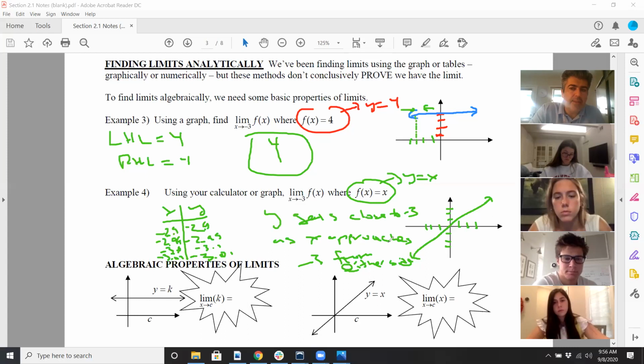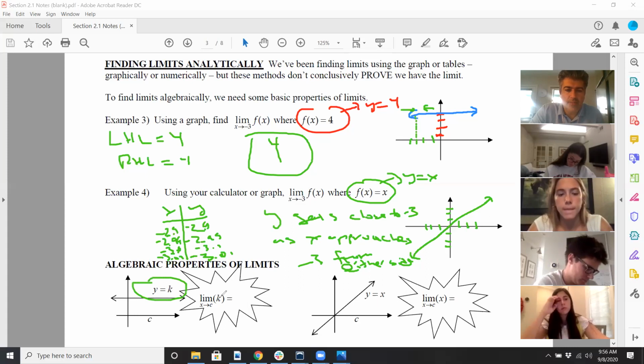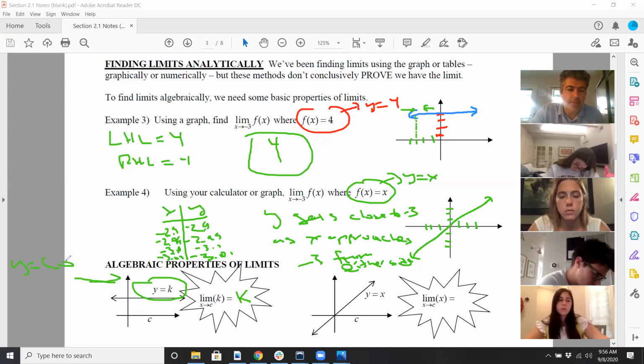So algebraically, a property we can think of is that if y equals a constant, your limit is just going to be the value of the constant itself. That's all. So here y equals a constant. The limit is that constant.